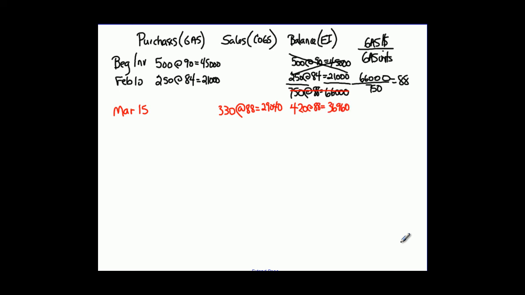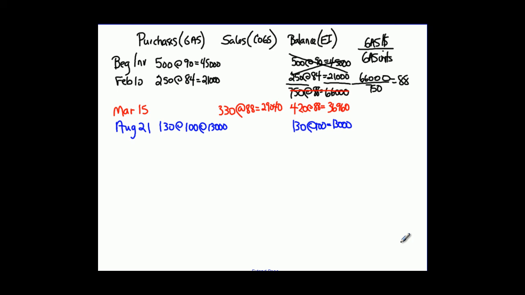Now on August 21st, we have another purchase of 130 units at $100 a piece, $13,000. When we bring that over to our balance column, we now see that we have two different groups with two different prices, and with the weighted average method, we can't have that.